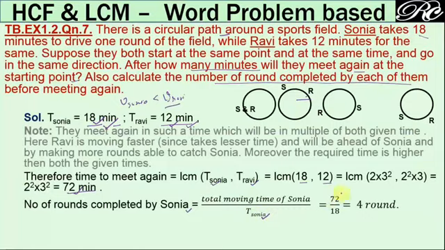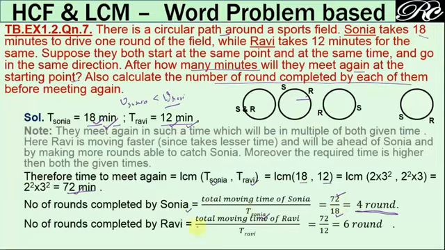The total time for which they are moving just before meeting is 72 minutes, and the time for Sonia to complete one round is 18. 72 by 18 is 4 rounds. So 4 rounds have to be completed by Sonia to meet Ravi. Now let us see, while Sonia is completing these 4 rounds, how many rounds are completed by Ravi?